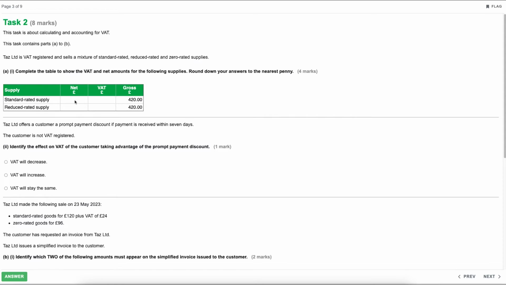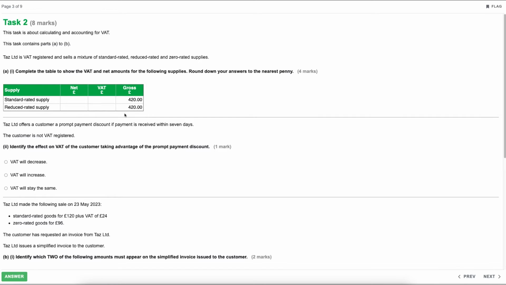Because the net is 100%, you're adding 20% of it on top, and therefore your gross is the equivalent of 120%. Now for reduced rate, because VAT is 5%, your net would be 100%, your VAT would be 5%, and therefore your gross would be 105%. That is really important when it comes to doing the calculations to work back to your net and VAT amounts.